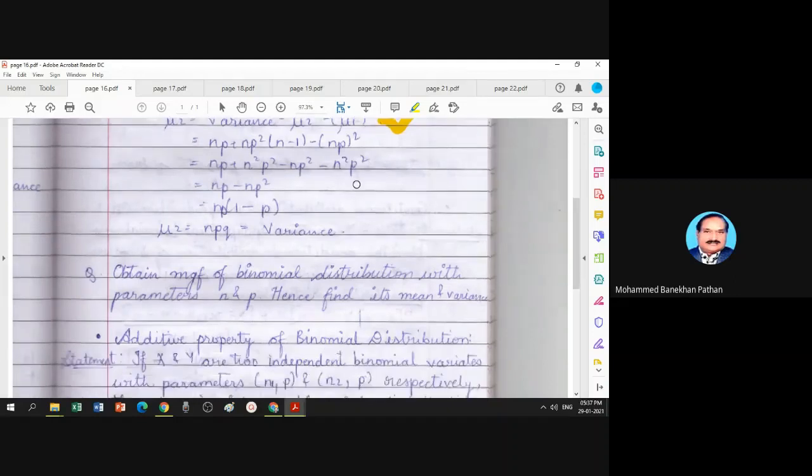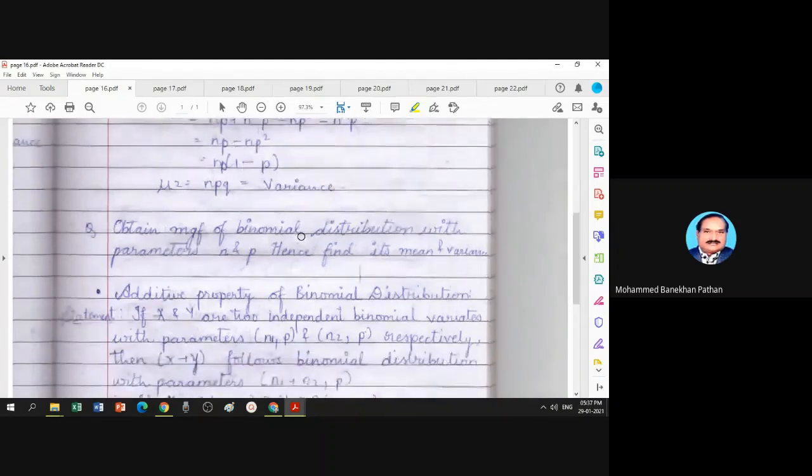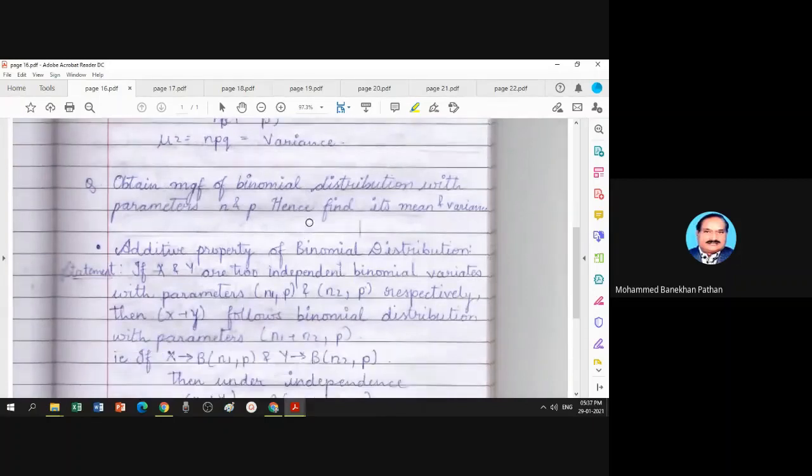We got the answer of the second central moment as npq, and that is nothing but your variance. So that is your yesterday's revision.